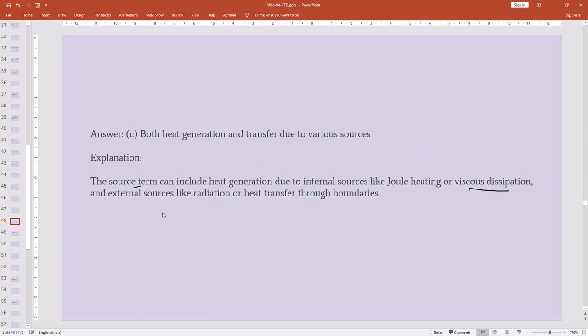Also, external heat coming through the boundaries, radiation for example. If there is some heat coming to the system from any other entities or any other ways, because we have limitations in giving temperature through the boundaries, other heat transfer occurring at the boundaries can also be added in the source term.